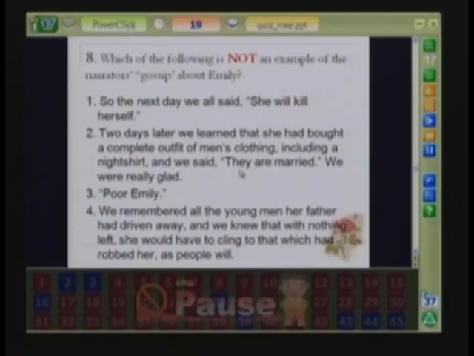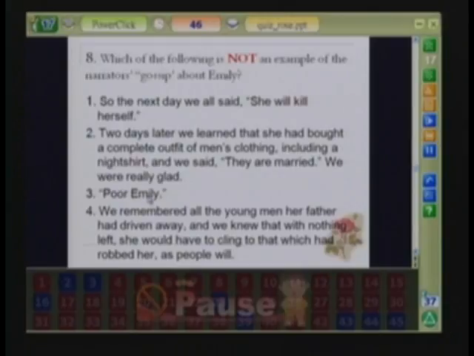And they also see that Emily bought an outfit for a guy. So they thought that they are married. But then later they know that Homer Barron is not going to get married. He doesn't like to get married. So then they thought that she should kill herself, etc. Okay, like buying arsenic to kill herself.